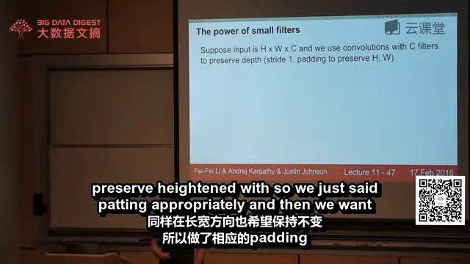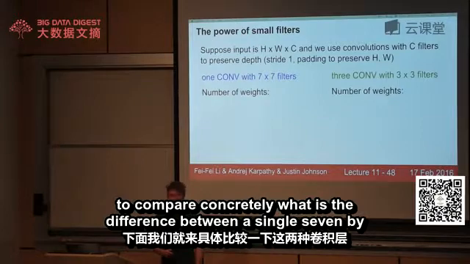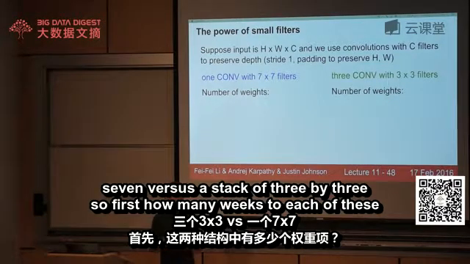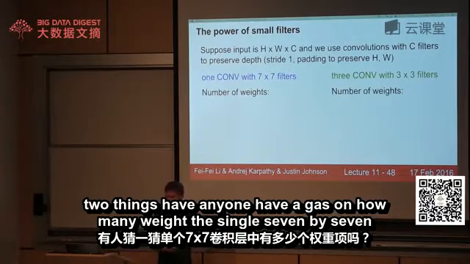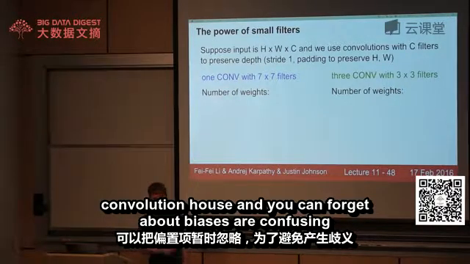Then we want to compare concretely what is the difference between a single 7x7 versus a stack of 3x3. First, how many weights do each of these two things have? Anyone have a guess on how many weights the single 7x7 convolution has? You can forget about biases because those are confusing.